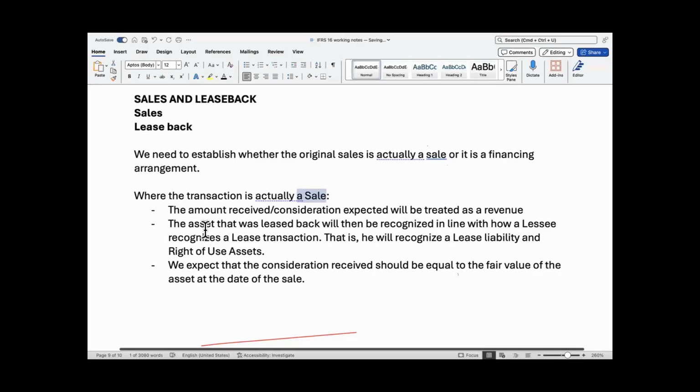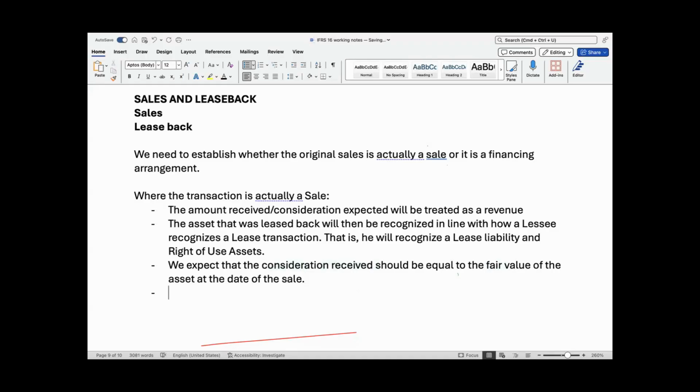And remember that we leased back the asset. The seller becomes a lessee now, so you will recognize that asset in line with how a lessee recognizes a lease transaction. That is, you will recognize a lease liability and also a right of use asset. Additionally, we expect that the consideration received should be equal to the fair value of the asset. That's our expectation.